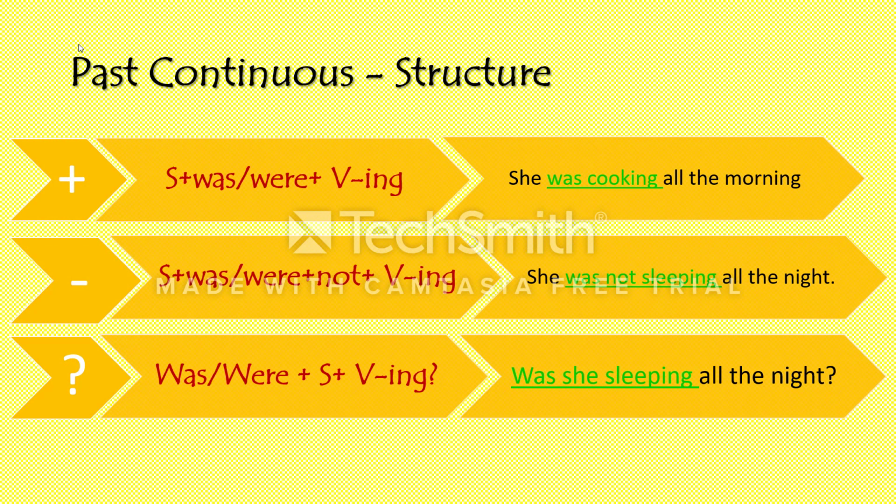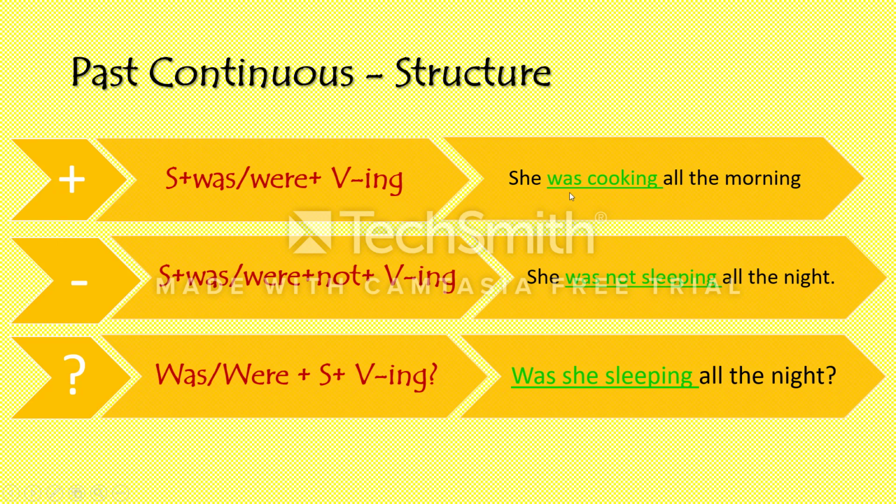Positive sentences are formed when you add was or were. Do we remember what was or were? That's the simple past tense of the verb to be plus the verb with ing ending. So we have an example like she was cooking all the morning. Was is used for subjects I, he, she, and it.